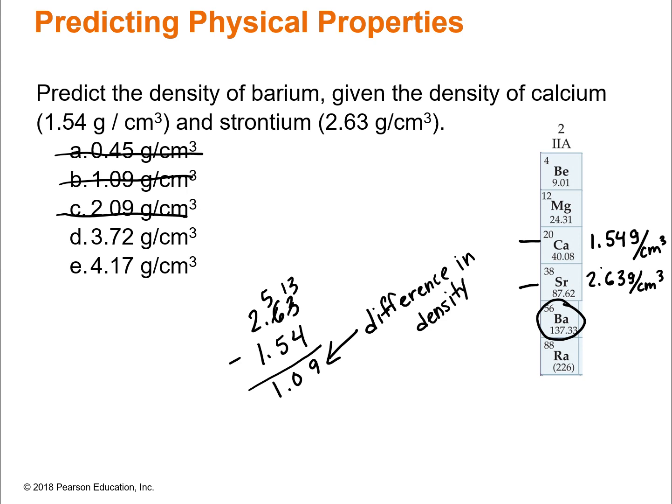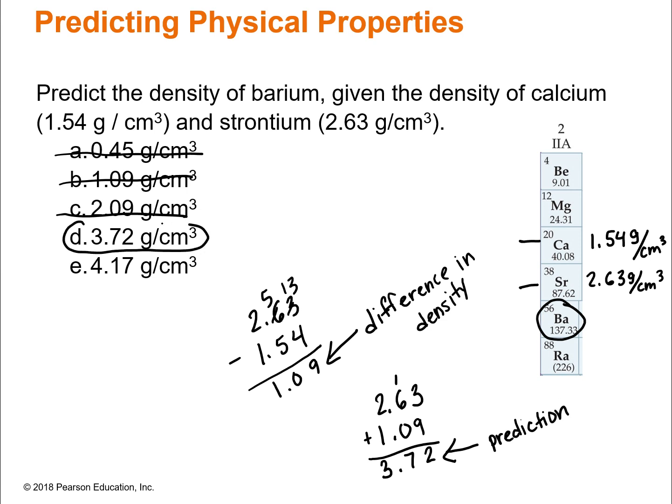Then you take that difference and add it to the density of strontium. So that should be your prediction, which is letter D. So not a lot of math, just got to remember which way you're going. And use the reasoning that you have of, okay, should this be bigger or smaller, to rule out answers.